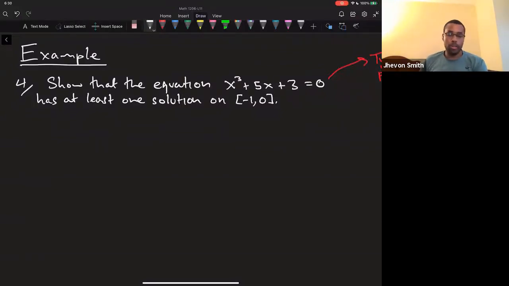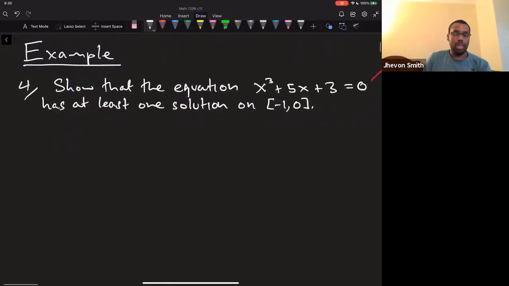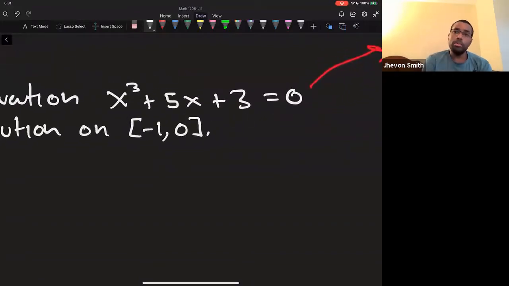So for example, here is the first example. And it's the only example because there's no real variety to this question. I'm going to ask you a question that looks pretty much like this. Show that this equation has at least one solution on this interval.